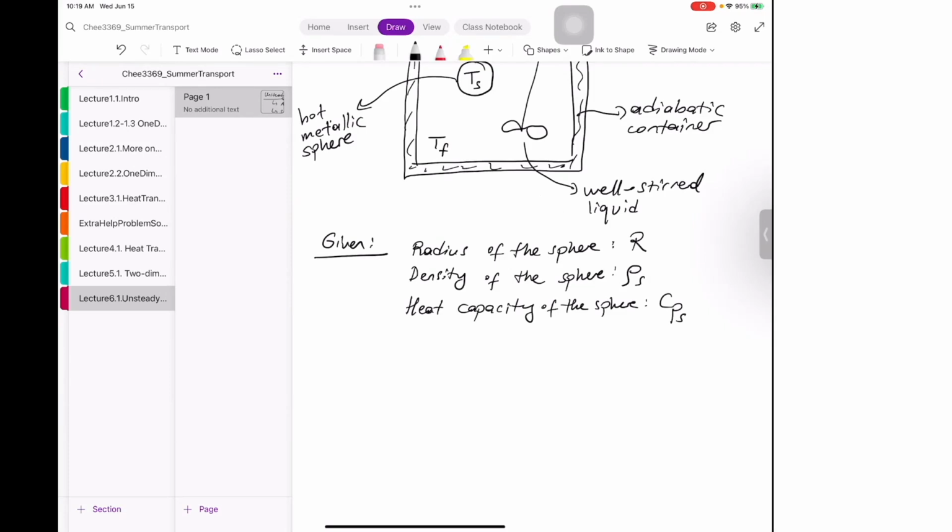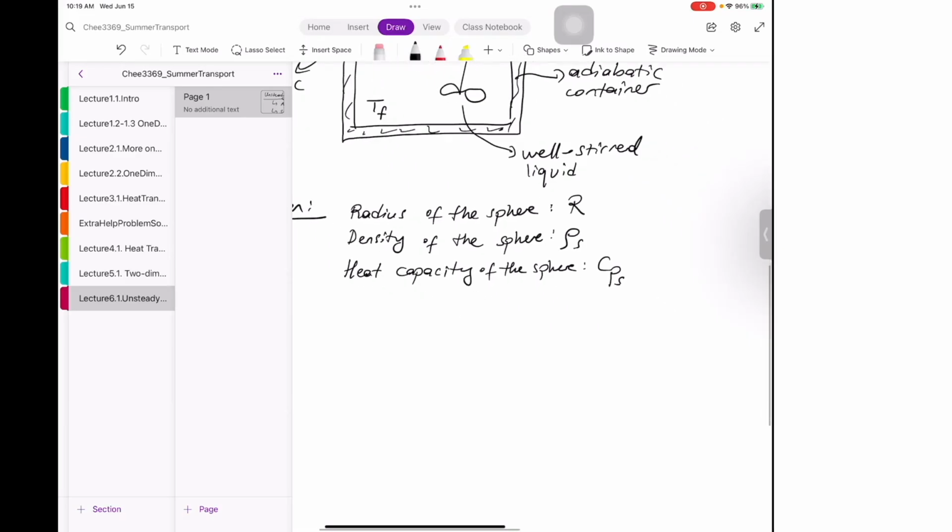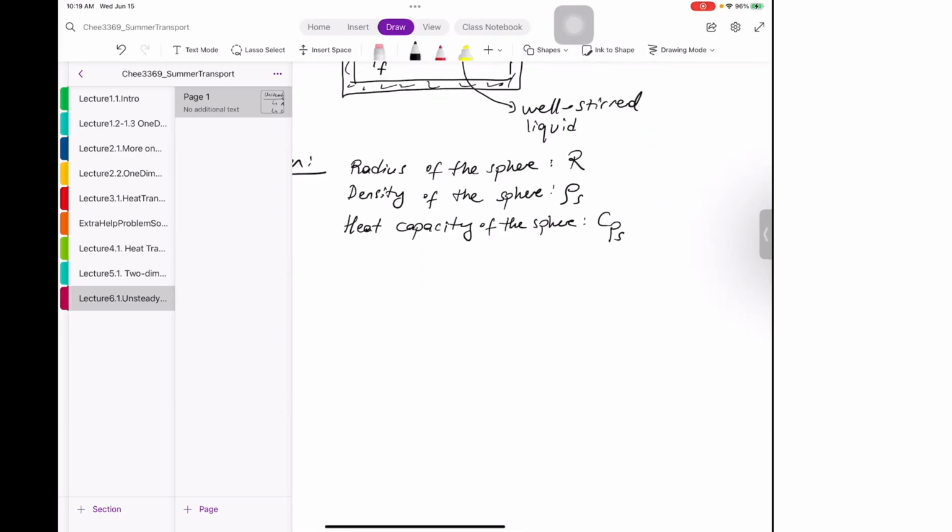In the previous problems, we didn't have such situations because the bodies that we were studying were not changing their temperatures. Now, this time we actually need to mention the heat capacity and the density. And initial sphere temperature is Ts0.